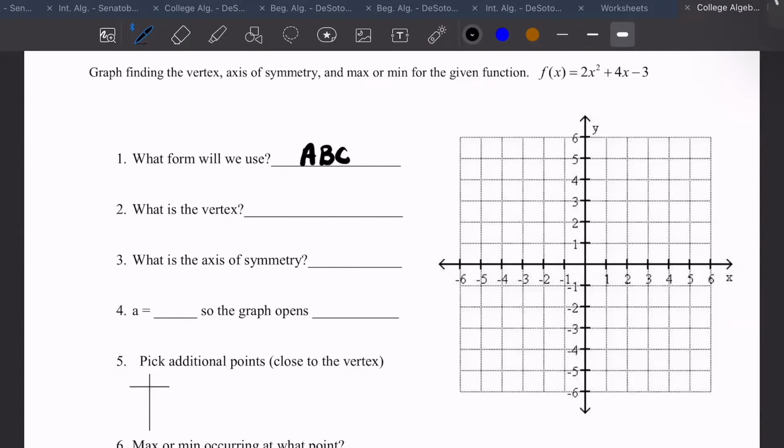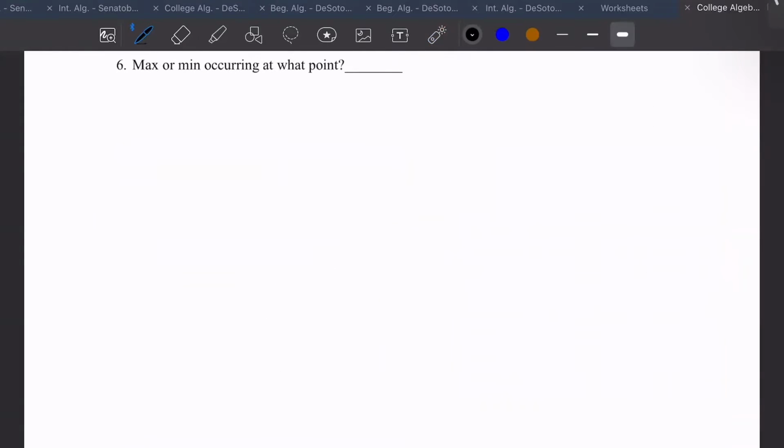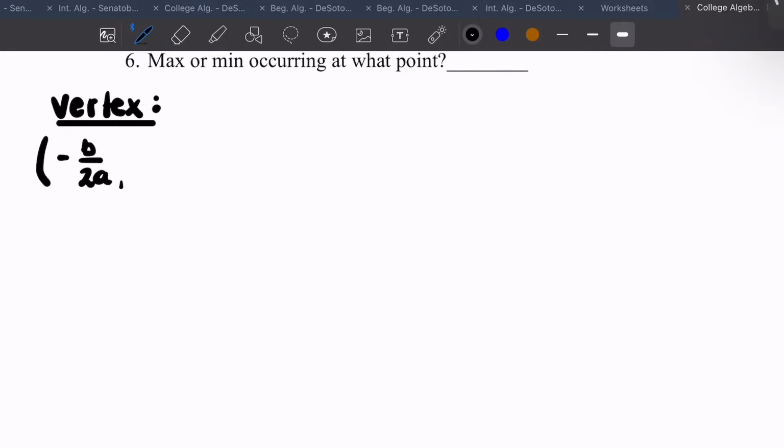What is the vertex? I'm going to go down here and do it. Our vertex is negative b over 2a, that's our x value, and then our y value is f of negative b over 2a. Let's find our x value first.